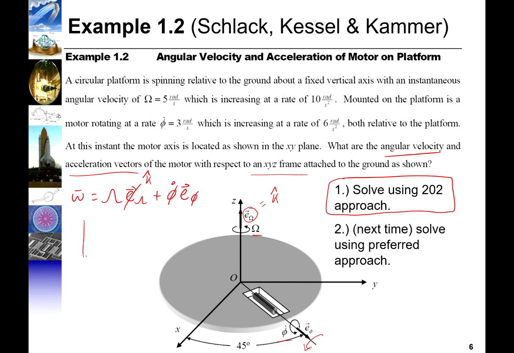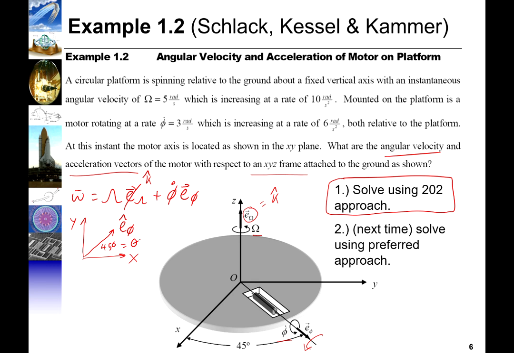And that is, we need to draw a picture that has X and Y, and then draw this unit vector, E phi, and this would be our 45-degree angle. Or actually, I'm just going to call that theta to be general.